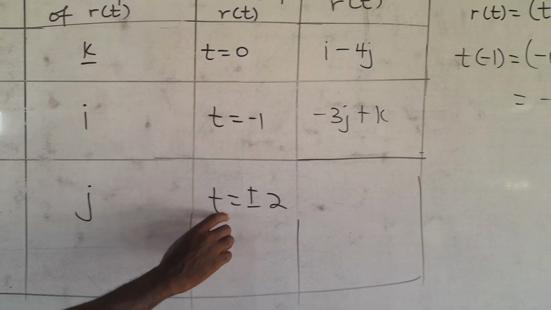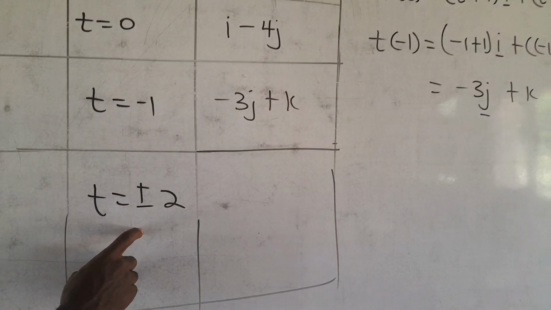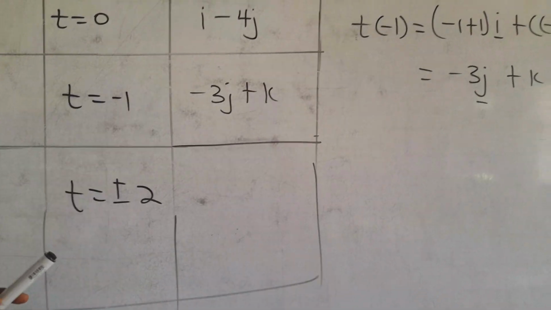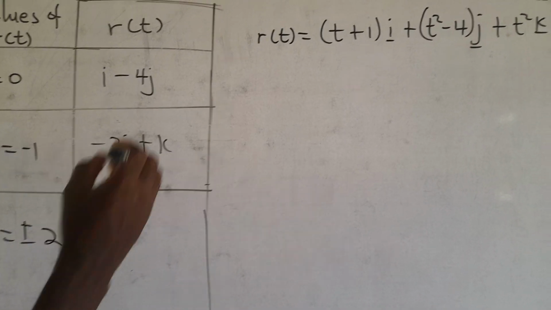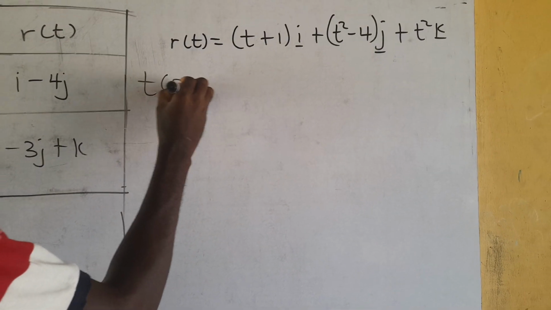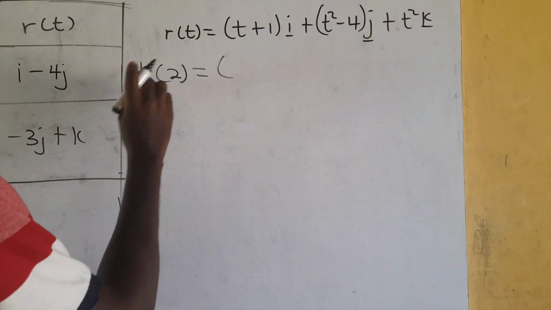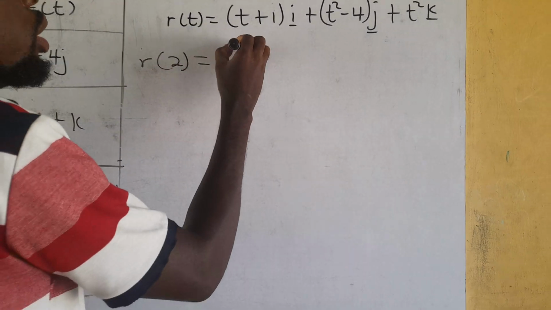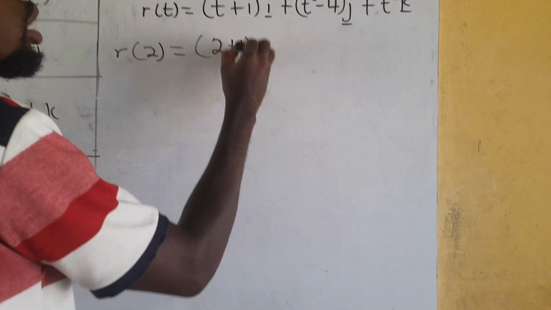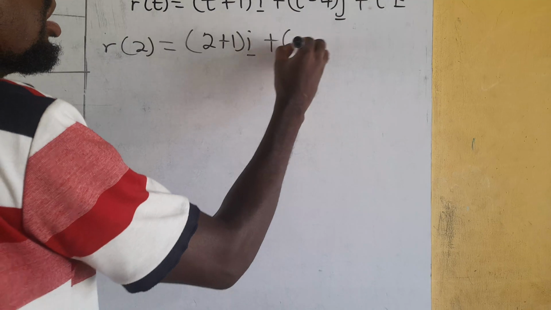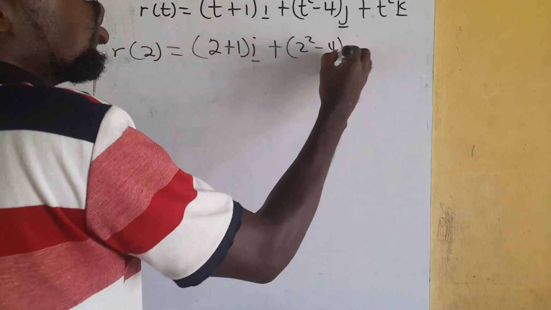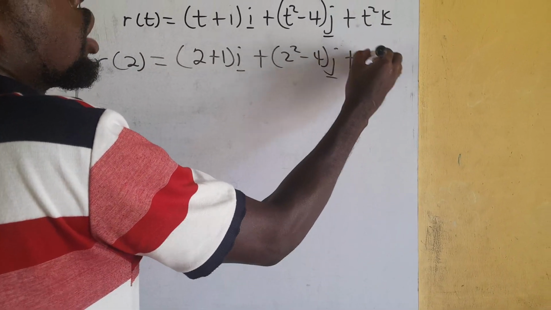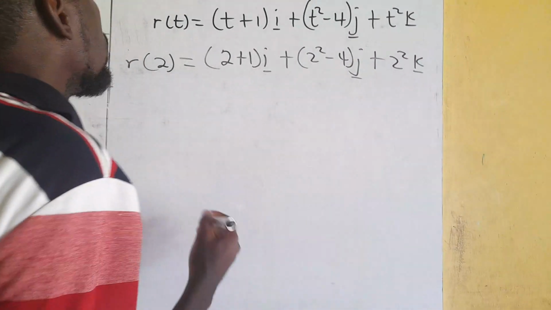Now the last one, when t is equal to positive 2 and when t is equal to negative 2. So when t is equal to positive 2, we'll have r of 2, that will be 2 plus 1 in the i direction, plus 2 squared minus 4 in the j direction, then plus 2 squared in the k direction.